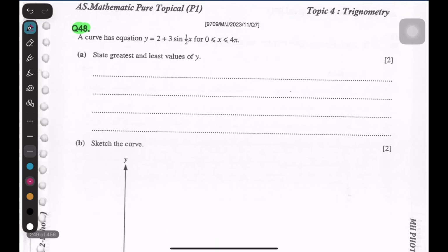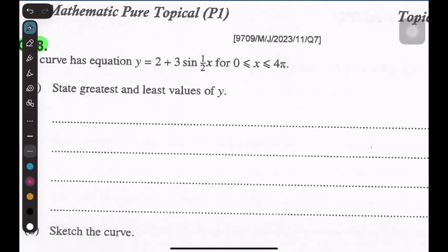A curve has equation y equals 2 plus 3 sine half x for 0 till 4 pi. State the greatest and least value of y. Alright. So let's go over once again what each of these values represents. So we have 2 over here, we have 3 over here, and we have half over here.